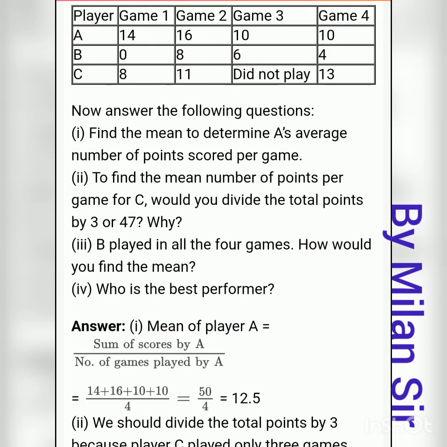Okay. Mean of player A is equal to, in the numerator we need to add these 4 numbers, and in the denominator total 4 numbers are there, so we write 4. Addition of all these 4 numbers: 14 plus 16 is 30, plus 10 is 40, plus 10 is 50.